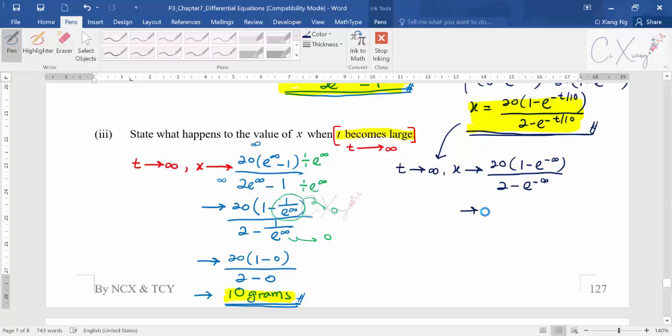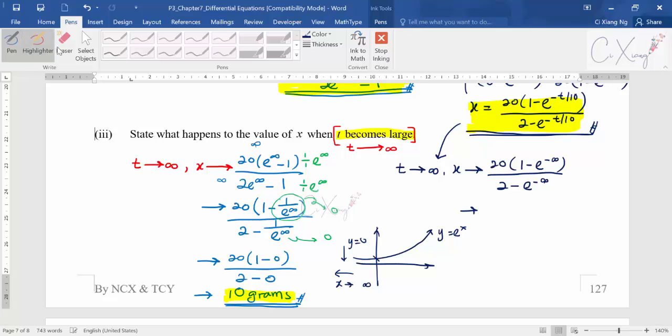So what is the value of e to the negative infinity? Again, if you recall the graph for y equals e power x, when x is negative infinity, your e power negative infinity becomes very close to 0.